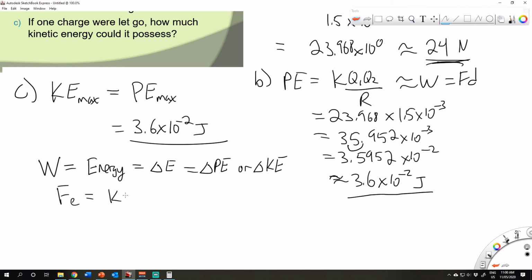Electrostatic force was k q1 q2 over r squared. And then you can calculate electric potential energy as k q1 q2 over r, and then we just switch those around to help you figure out some other things with regards to energy. Okay, so there you go.